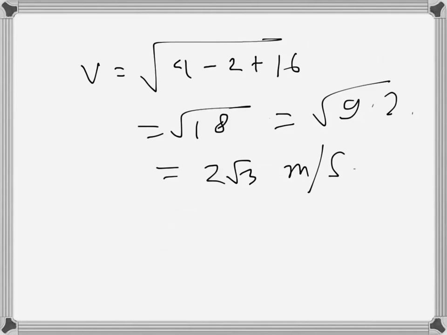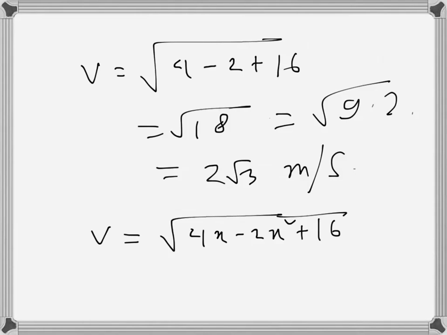That's the greatest velocity. Now we can also check the interval the particle moves through. So basically we have v squared is 4x minus 2x squared plus 16. Now this part cannot be negative, it has to be greater than or equal to 0. So if we do this inequality, 4x minus 2x squared plus 16 should be greater than or equal to 0.